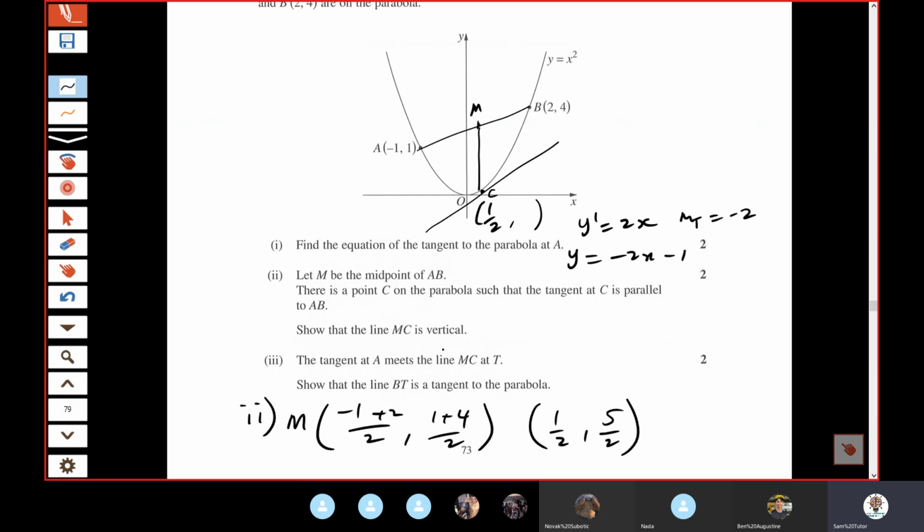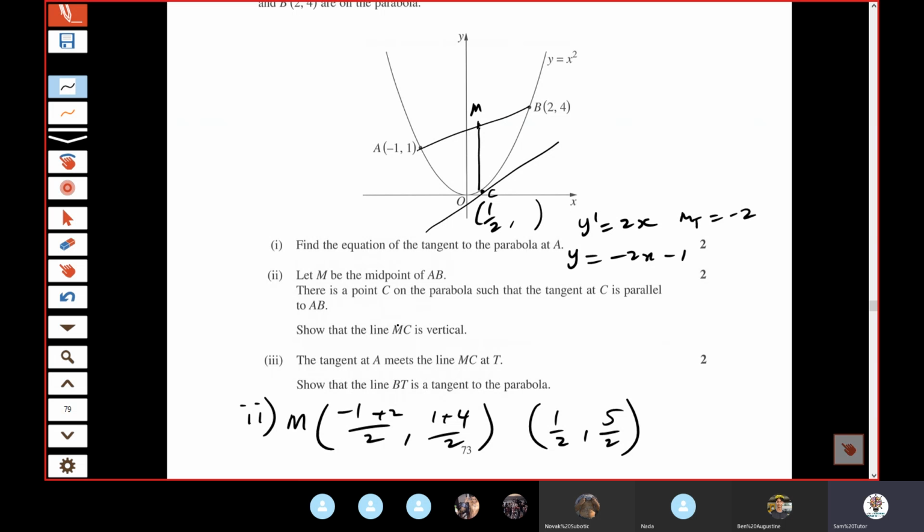What's the next piece of information that I haven't used yet? There is a point C on the parabola such that the tangent at C is parallel to AB. Tell me what I'm going to do. Come on, parallel, tangent.